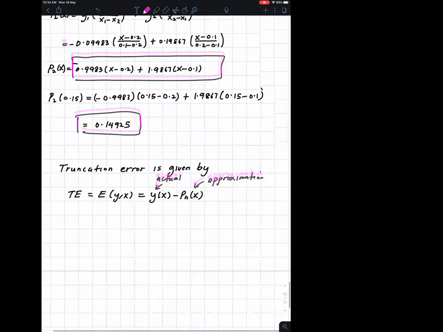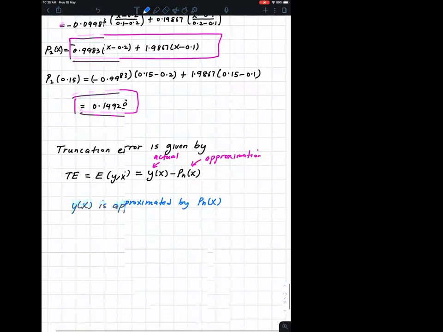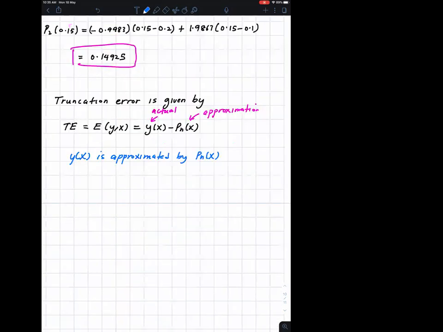So y(x) is approximated by p(x). So this is just for your knowledge because this is in our syllabus.